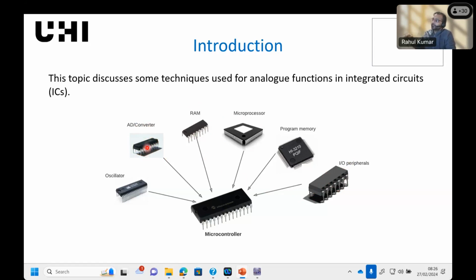They are continuous in nature. So to process them using a digital microprocessor, you will have to convert them, right? So you need an analog to digital converter. These are all different things which are present inside your microcontroller.